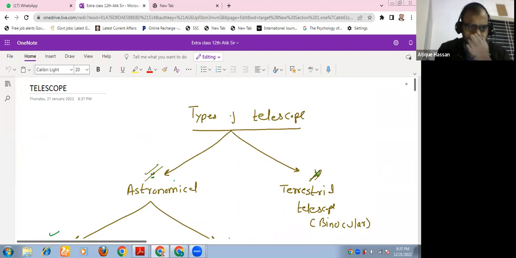In the definition you can write: telescopes are optical instruments which are used to see distant objects clearly. Full stop.